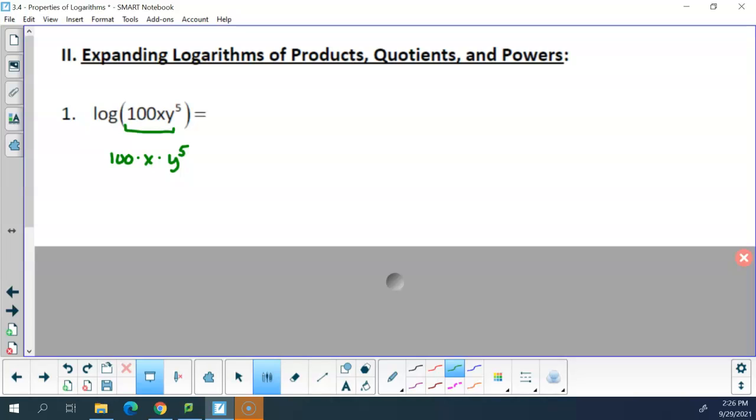So what I do with that then is I say, well, this is log of 100 plus log of x plus log of y to the 5th power. I've taken my single solitary log and I've expanded it, which is what the directions told me to do. Expanding logarithms, products, quotients, and powers. So I've utilized my product property, my product rule.